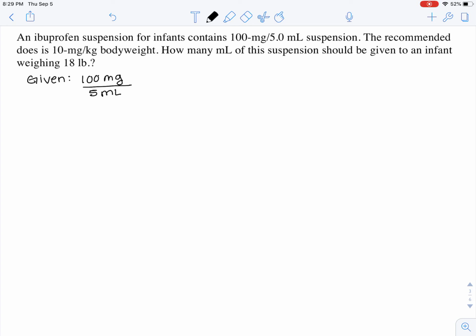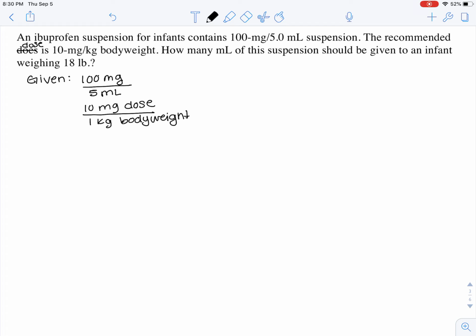The recommended dose is 10 milligrams of the dose per 1 kilogram body weight. So we know that infants need this medication. It's given in a suspension, and it's recommended to have 10 milligrams of medicine per 1 kilogram of body weight.